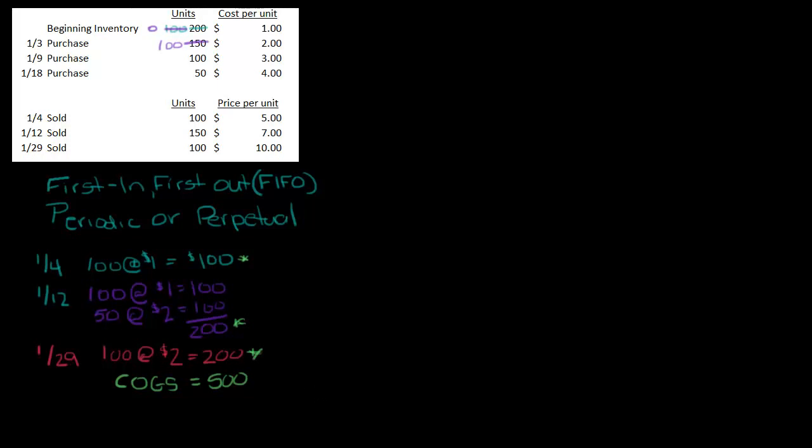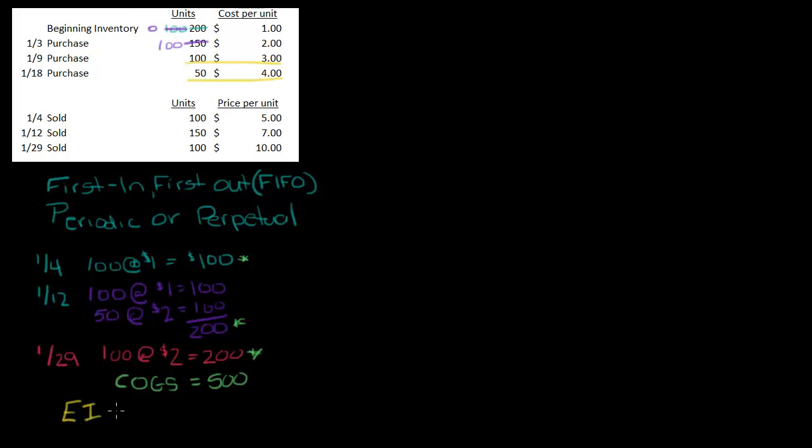Okay, so now what's my ending inventory? Ending inventory would be what we have left. So we have the items from 1/9 and the items from 1/18. So this is what's left.